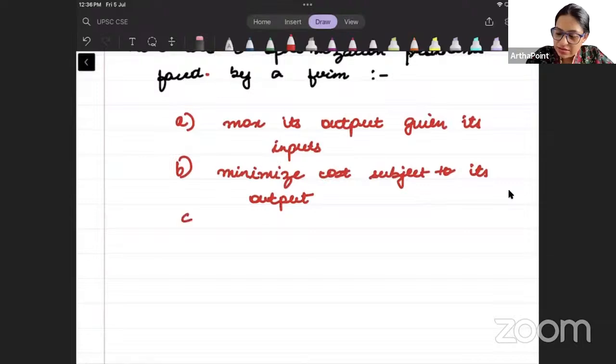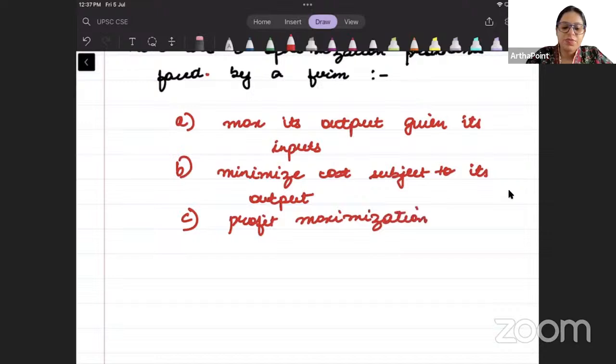And the third thing which this firm can do is profit maximization. I simply tell you, I want to maximize my profits.